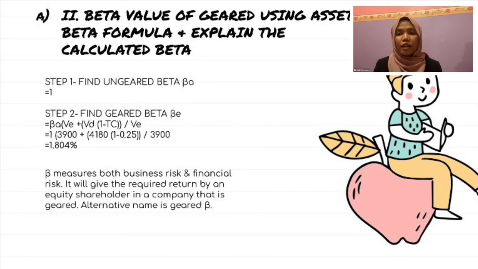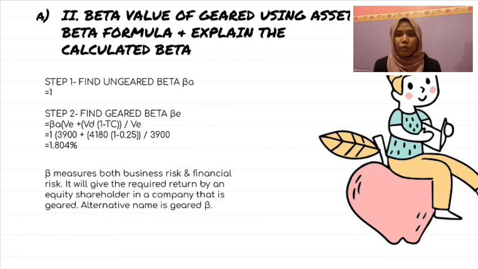Step 2, find the geared beta, which is BE equals to BA multiplied by VE plus VD multiplied by 1 minus TC, divided by VE, equals to 1 multiplied by 3900 plus 4180 multiplied by 1 minus 0.25 and divided by 3900, and we get 1.804.